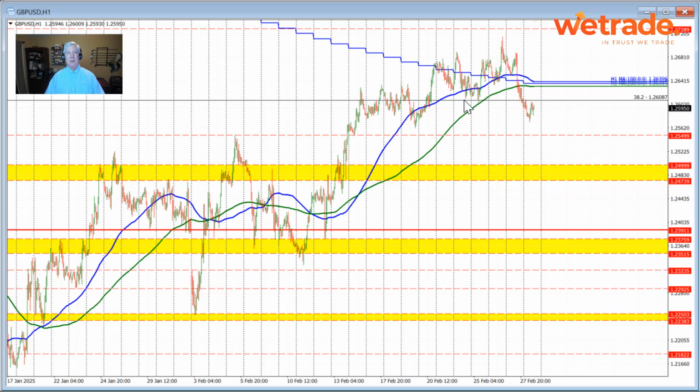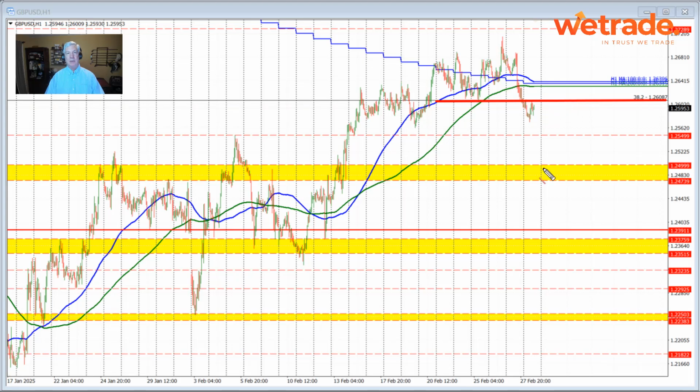Going back to the hourly chart, you can see it more clearly, the importance of that level, especially over the last week of trading, where the price did find support earlier this week against that broken 38.2% retracement, and broke below it in trading here today.